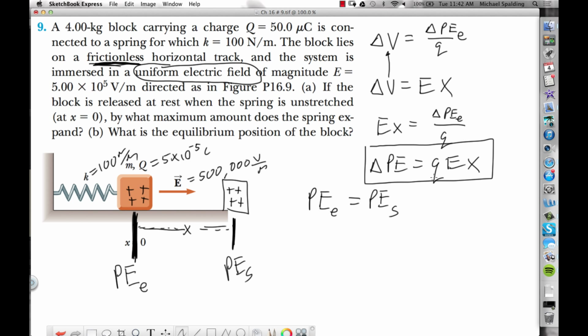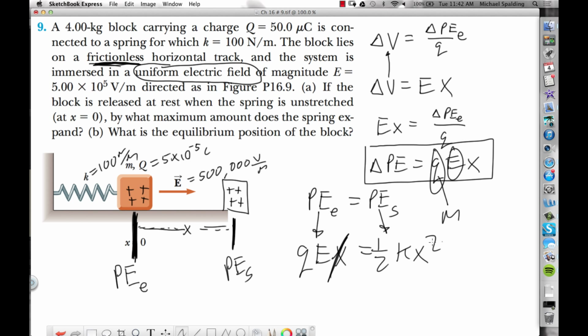Let's look at the gravitational equivalent real quick. Q becomes m, E becomes g, x would be h. It's the same thing: QEx is mgh. So this electric potential energy, QEx, equals the potential of the spring, 1/2 kx squared.